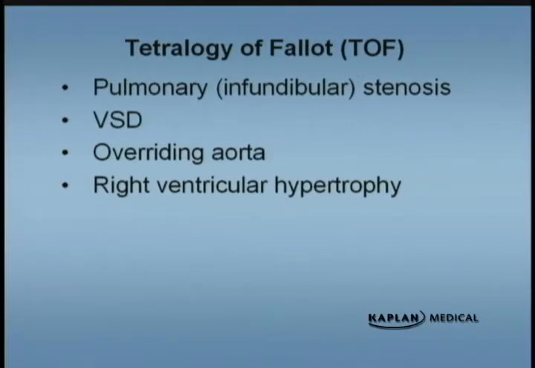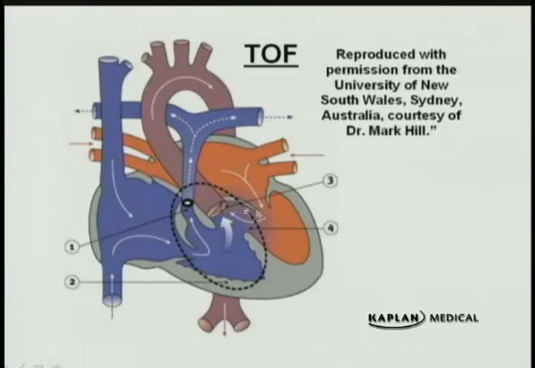Some people describe what's known as a pentalogy of Fallot. It's good for a party, a little trivia, and that would be an associated ASD. So here we see a nice diagram. This is the infundibular stenosis, or the pulmonic stenosis. So the pulmonary trunk will be a little bit narrowed.